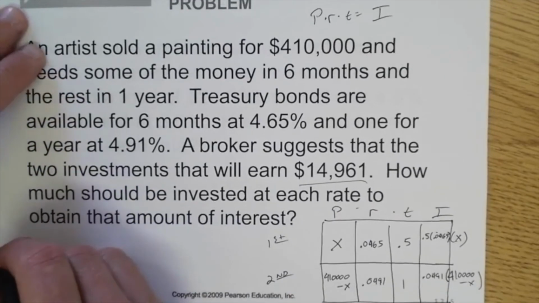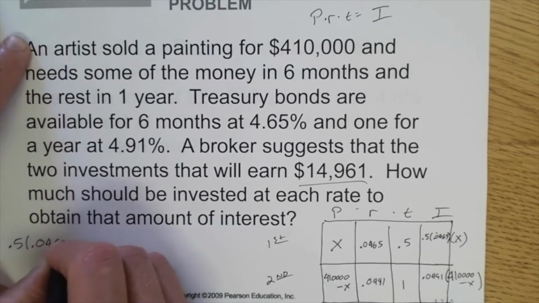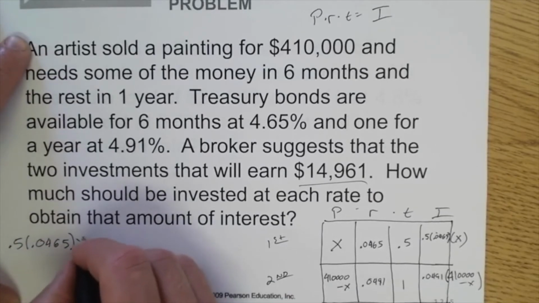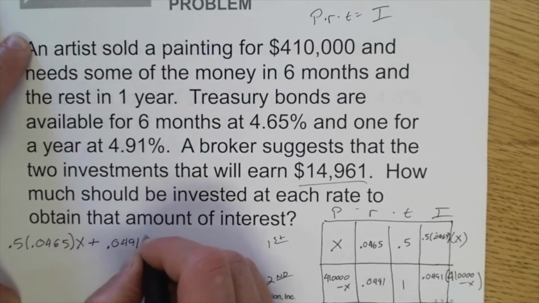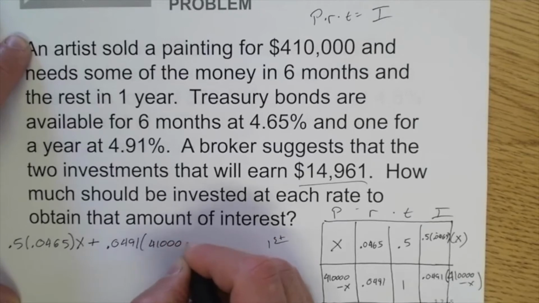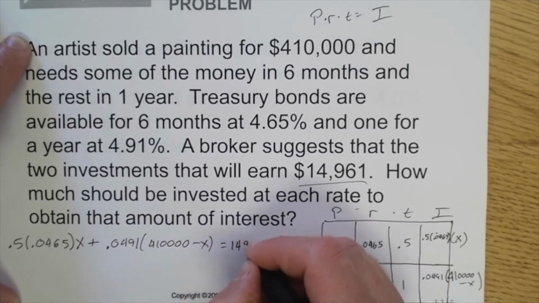Okay, so I have 0.5 times 0.0465 times X plus 0.0491 times 410,000 minus X equals 14,961.